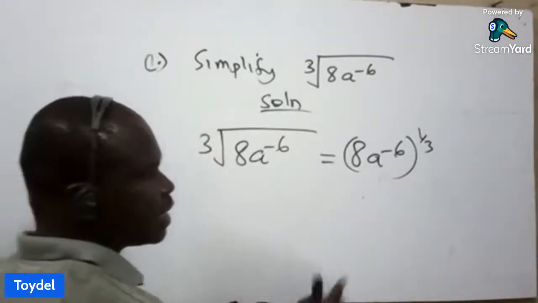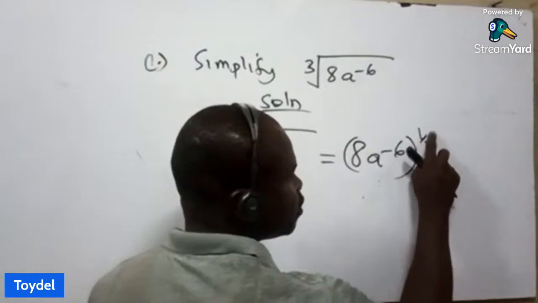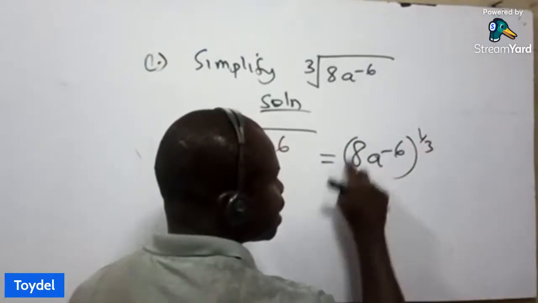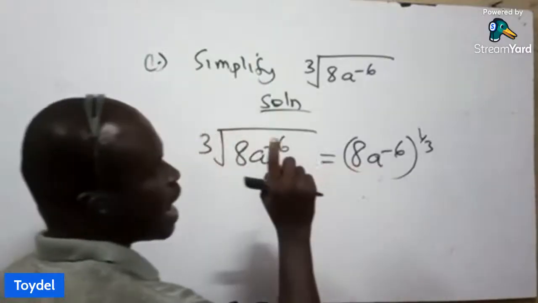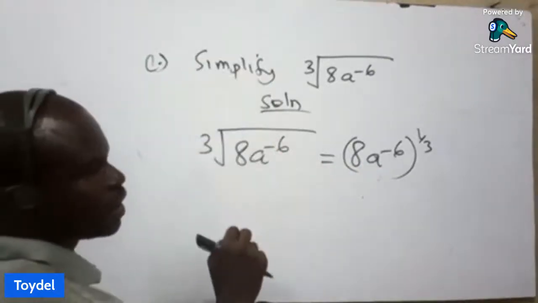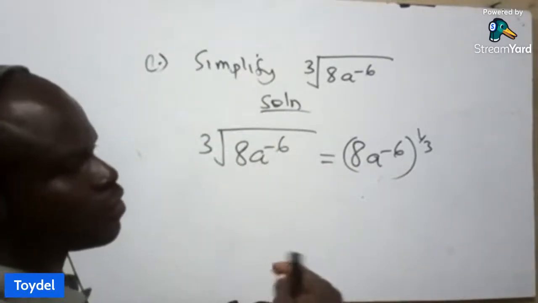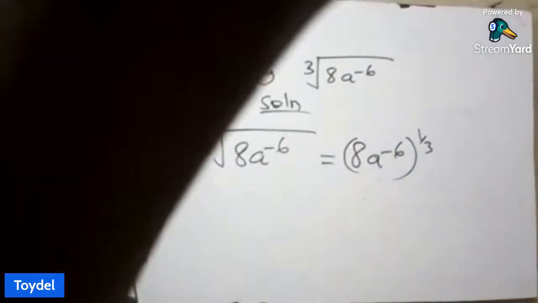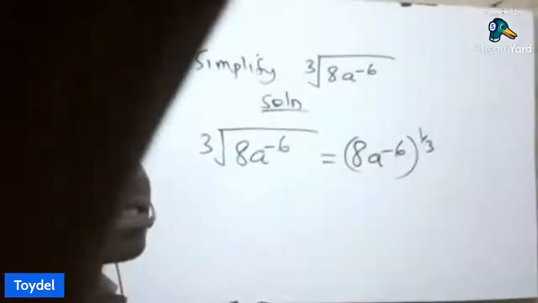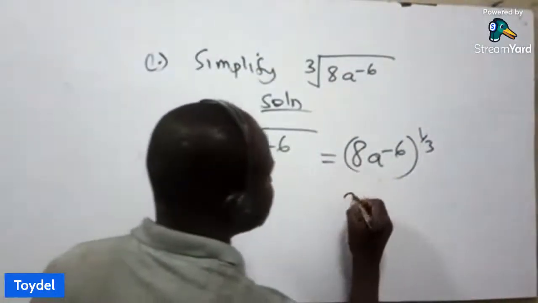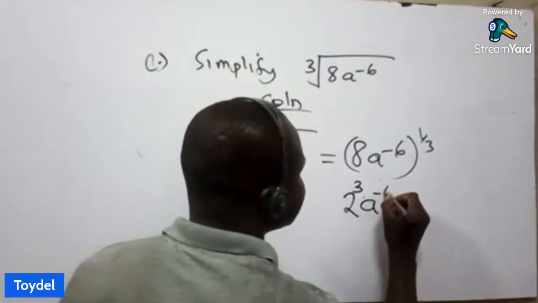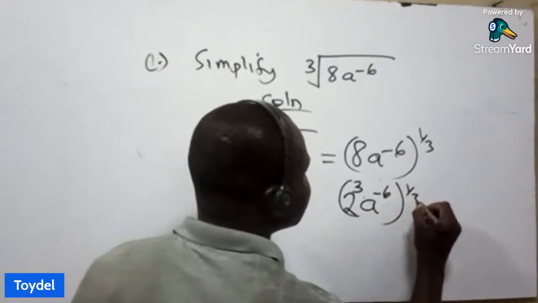Then since the denominator of this power is 3, let's think about how we can rewrite this 8 as an index of 3. That gives us what? 2. 2 in 3 places is 8. 2 times 2 is 4, 4 times 2 is 8. So I'm going to write this 8 as 2 raised to the power 3. Then a raised to the power minus 6, everything raised to the power 1 all over 3.